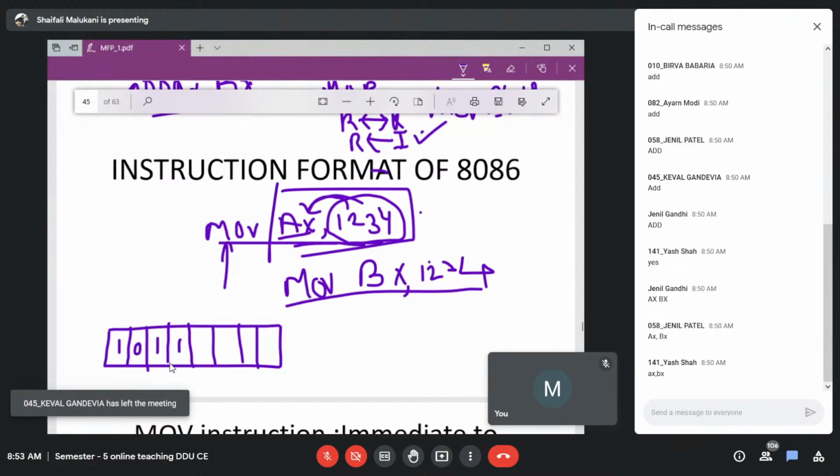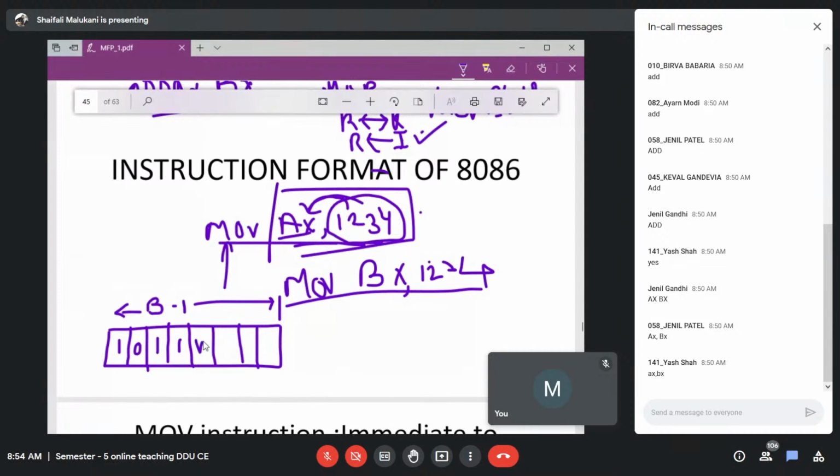If you encounter 1 0 1 1, that means it is a move instruction, which you can understand. This value is fixed in the template. This is your byte 1, and these values are not altered.